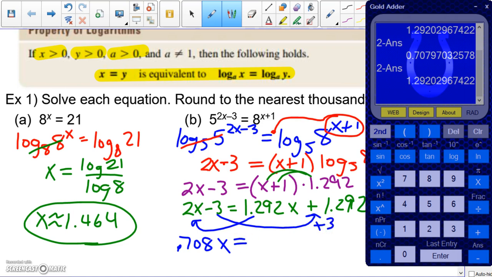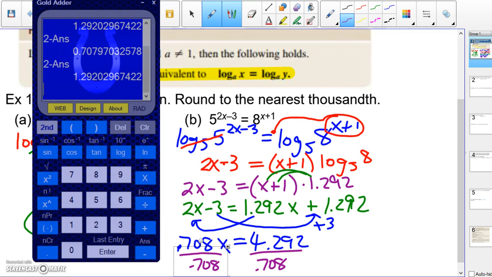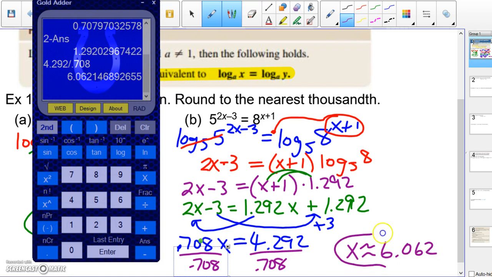And so that's going to equal 4.292. 4.292 divided by 0.708. We're just doing plain old algebra. Divide both sides by 0.708. x is approximately 6.062.